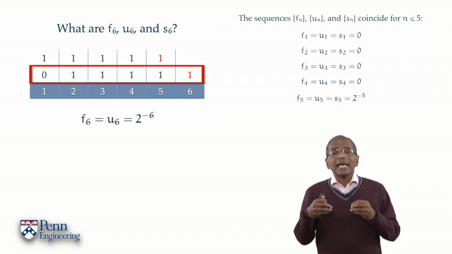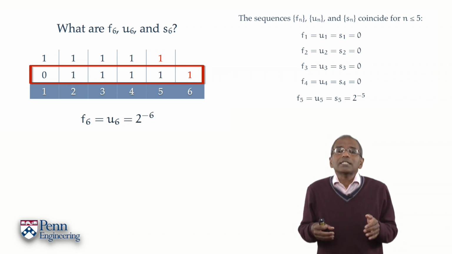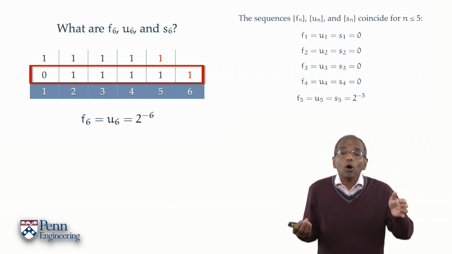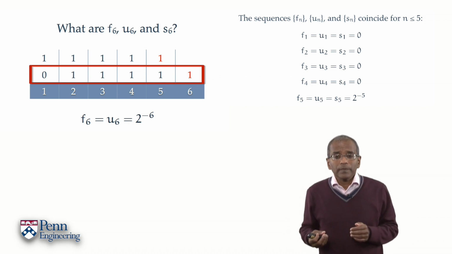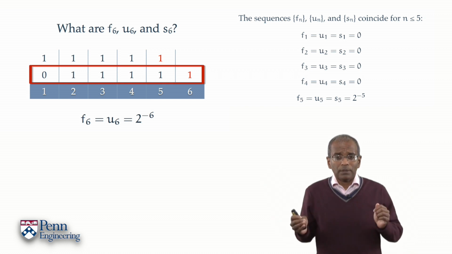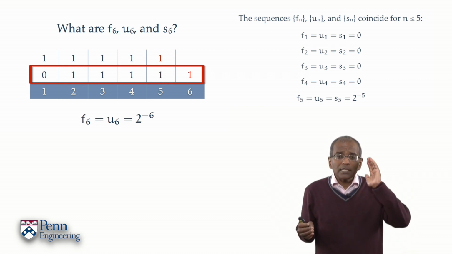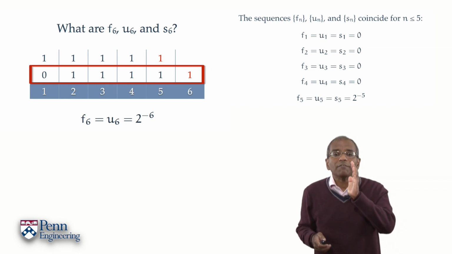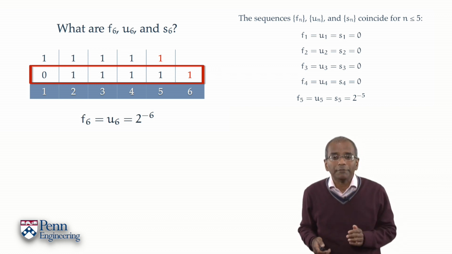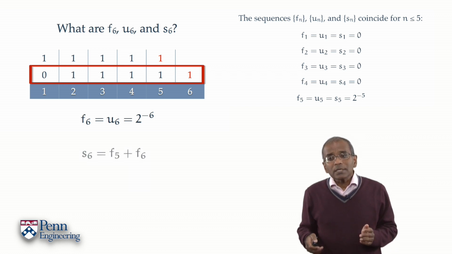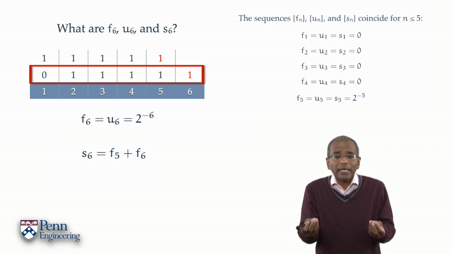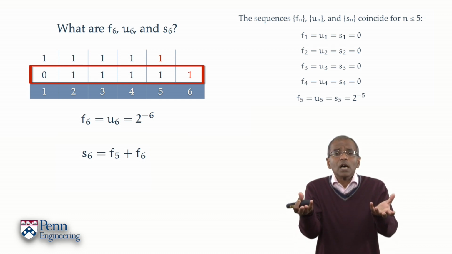What can we say about S6? The probability that there is a success run of length 5 at or before the 6th trial. And a little introspection tells us that this can only happen if either there is a first success run at trial 6 or there is a first success run at trial 5, which means that S6 is simply F5 plus F6, because these two events are disjoint.